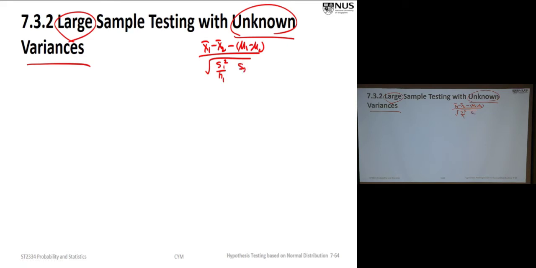And sigma 2 squared, we don't know, so replace it by S2 squared. What is the distribution of this one? We don't know exactly. But we know that this is approximately normal.